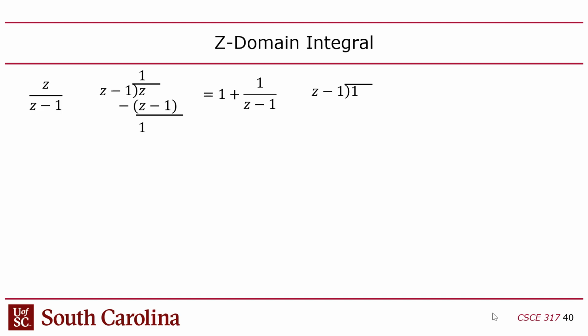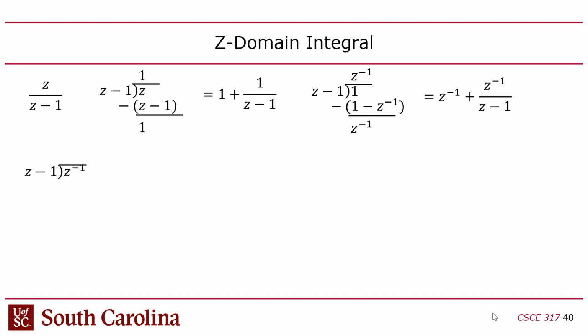So basically I have this and I get that remainder. If I take this expression and divide it again, z minus 1 into 1, that gives me a quotient of z to the negative first power with a remainder of z to the negative first power. So now I have quotient plus remainder right there.